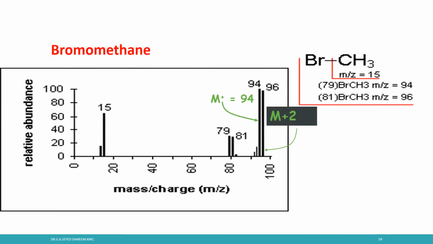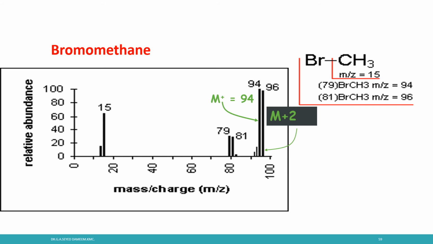This slide shows the mass spectrum of methyl bromide, with molecular weight 94. It gives a molecular ion peak at 94. Due to the existence of the isotope of bromine at nearly equal percentage with the normal element, it gives another peak at m/z 96, the M plus 2 peak.